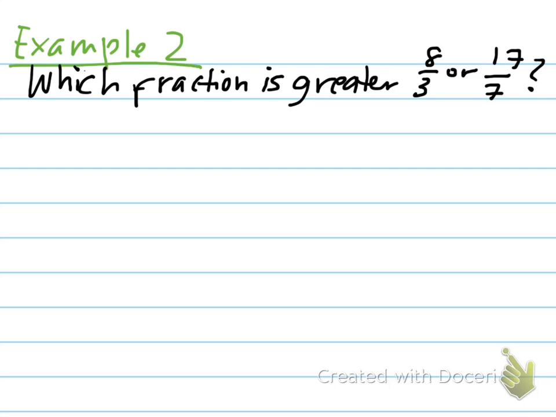The first thing you're going to want to do is find the LCD. That means least common denominator. We talked about this in the last chapter. So what is the LCD of 3 and 7? Well, they are both factors of the number 21, which is the least common denominator.